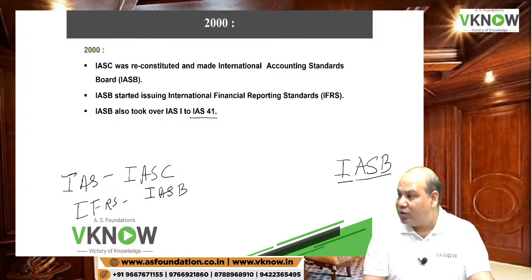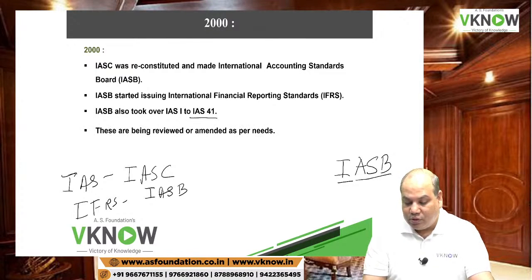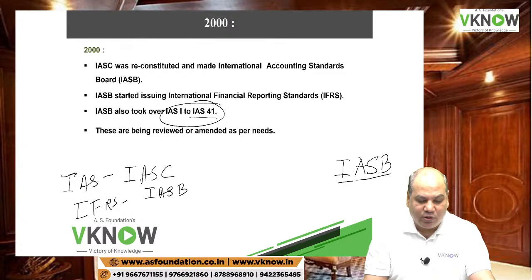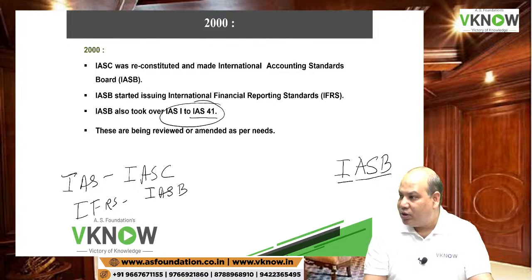They started with a new series. So these old will be reviewed. Slowly and slowly you will find many of the old IAS has been removed, and in place of that new standards are issued. Like earlier there was a standard on leasing under IAS. Now that has been replaced by IFRS 16 on leasing. There was a standard on revenue, that was cancelled.